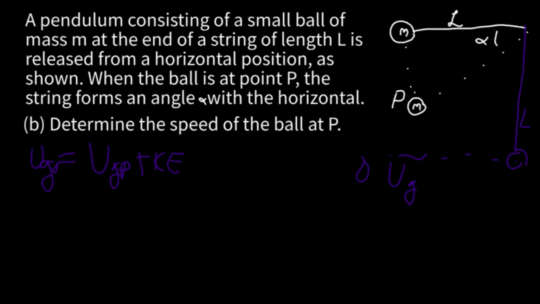kinetic energy. So at its highest point we have gravitational potential energy mgh. Our h is due to L. At point P, our height at P, we're going to be looking for this height. So we're going to take our L, and we're going to subtract this height. You might be able to see we have a triangle here.